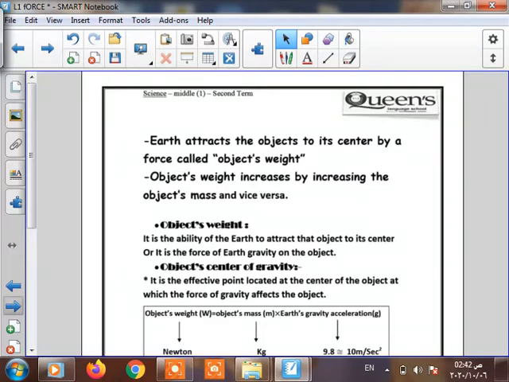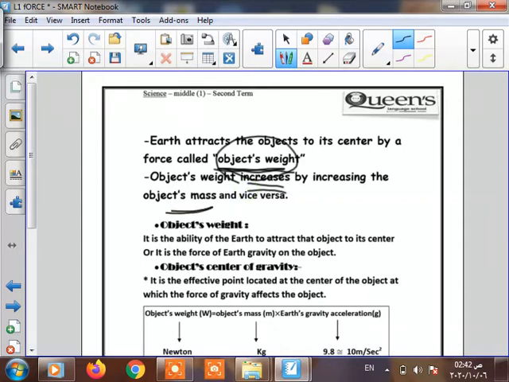Earth attracts the object to its center by a force called object weight. So the attraction force of Earth, I can say, is object weight. Object weight increases by increasing the object mass and vice versa.